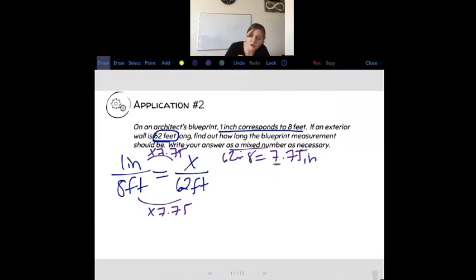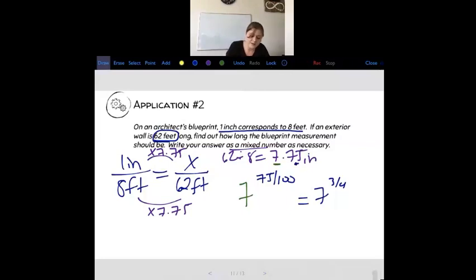So 7 is the whole number. So we write a big 7. 75 ends in the hundredths place. So this would be and 75 over 100, and then you would reduce the 75 over 100 to 3/4. You may already know that 0.75 is 3/4, so you could go about it that way as well.